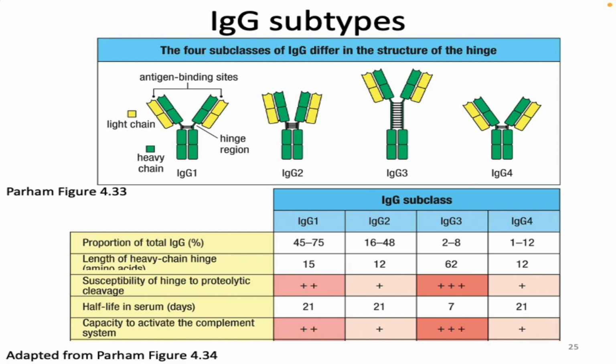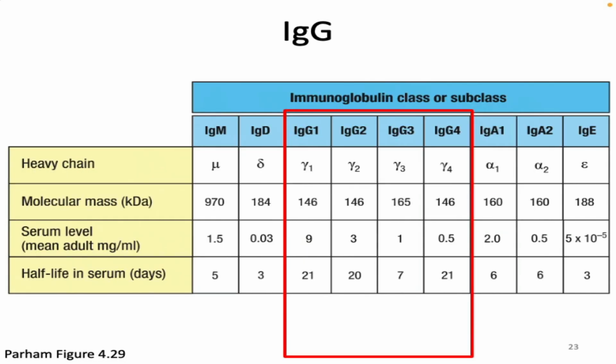This one, IgG3, has a super long hinge that can get cut up really easily by proteases. So this one can get damaged really easily, whereas some of the other ones can't. And so this one you have way less of, and it lasts much less time in serum. If I go back to where I just was, you can see that's the one that has the really low serum level, and the really low half-life because it can be degraded so easily.